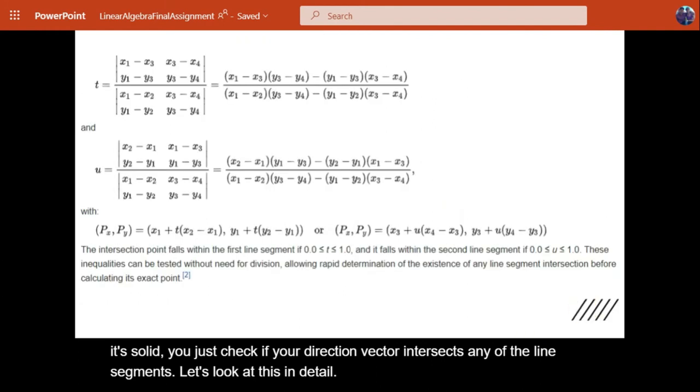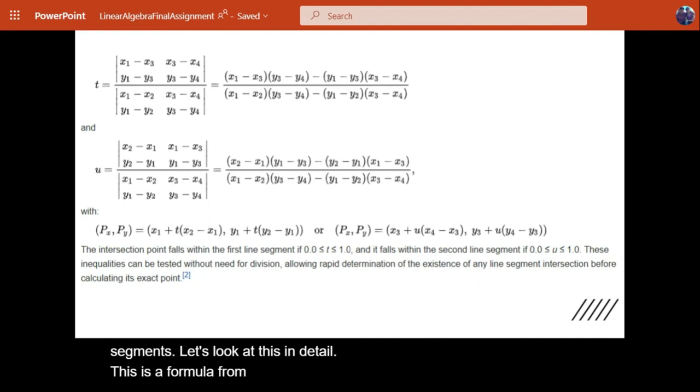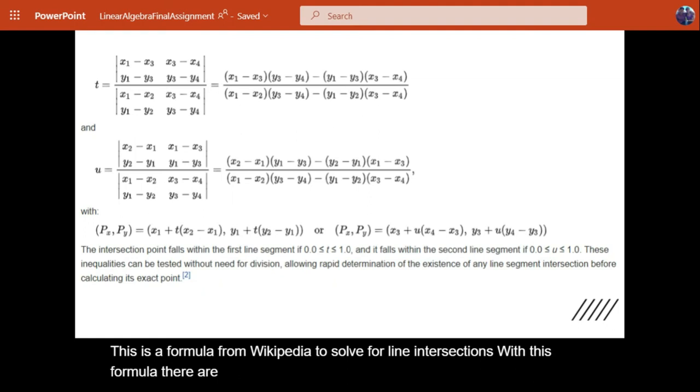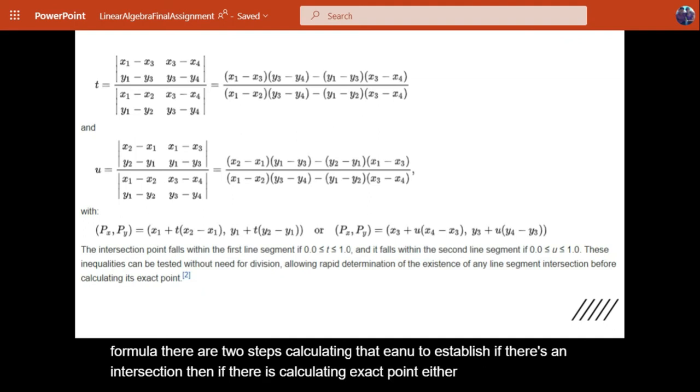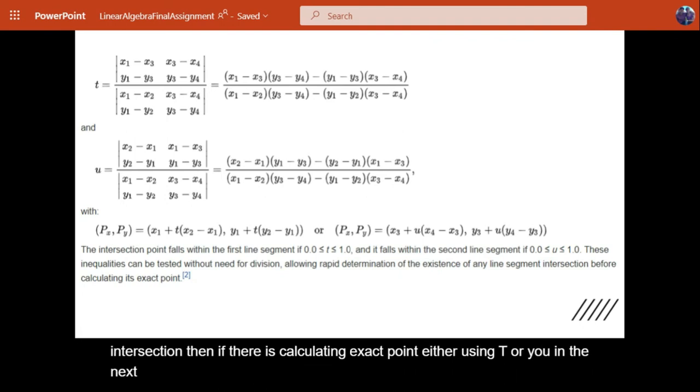This is a formula from Wikipedia to solve for line intersections. With this formula, there are two steps: calculating the t and u to establish if there's an intersection, then if there is, calculating the exact point either using t or u. In the next slide, I'll explain where this formula came from.